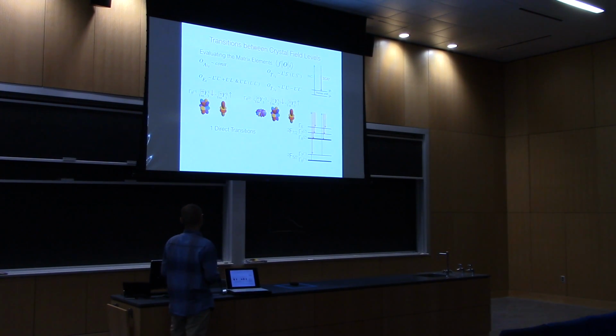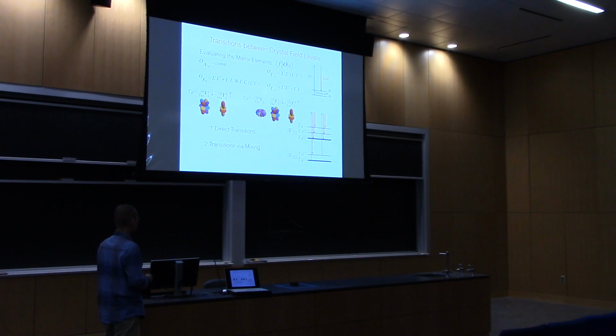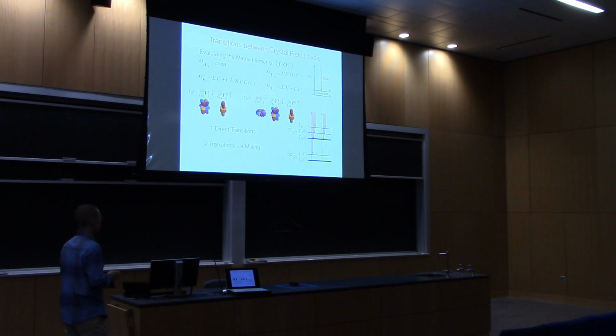There are 2 kinds of transitions which contribute to the Raman signal. The first is simple ordinary transitions, which means that the electrons are excited from the ground state, or at finite temperature from the gamma 7 state, to a virtual intermediate level, and then drop back to the corresponding levels. And the second mechanism is transitions by mixing.